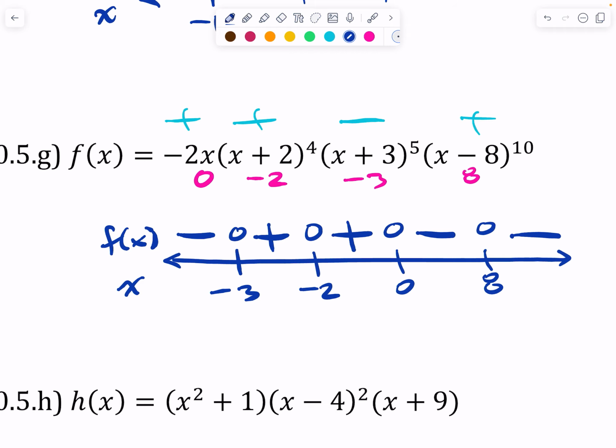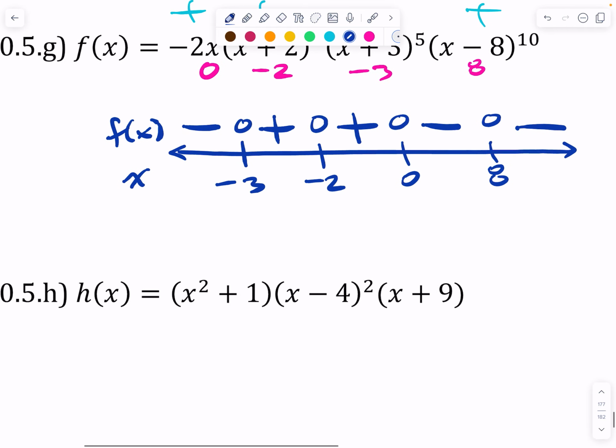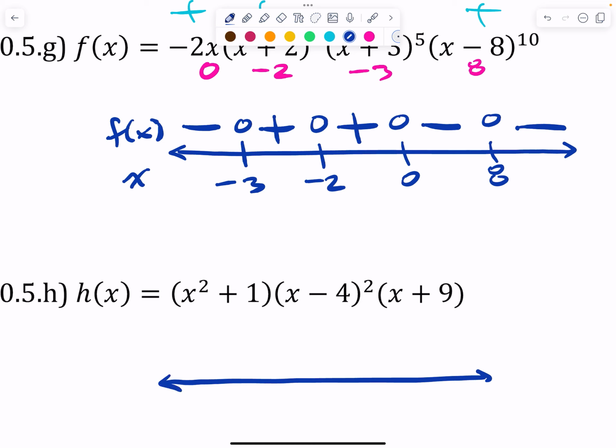Whew. Last one. What are my critical values here? Oh, this thing would give us a 4. And this thing would give us a -9. And then this thing, would it be like -1? No, it's not.